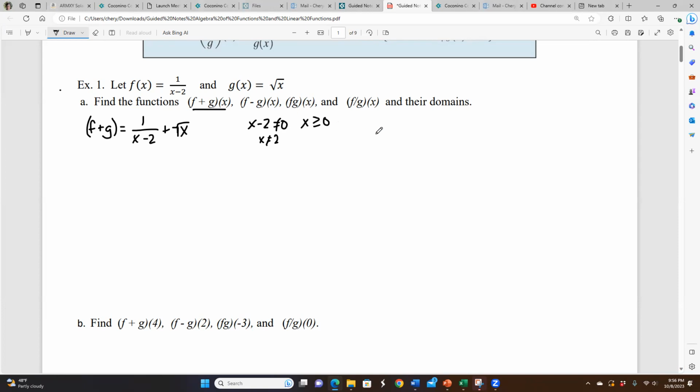So if we combine those two qualities together, x has got to be greater than or equal to 0, but it also cannot equal 2. So this domain will exist from 0 to 2 and 2 to infinity. So the domain of this function is 0 to 2, non-inclusive, and then 2 to infinity.